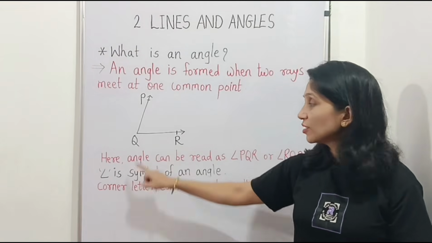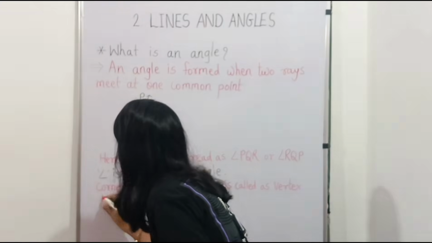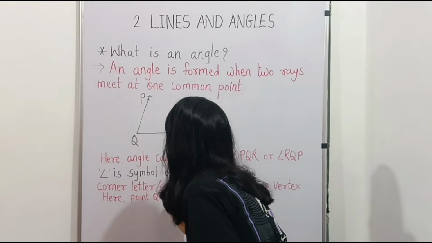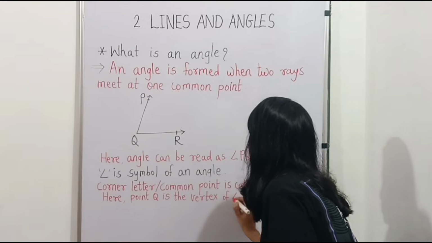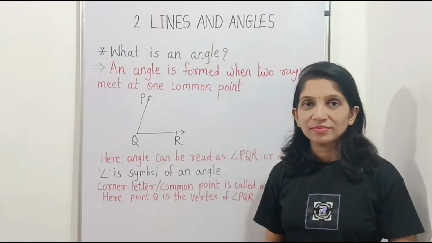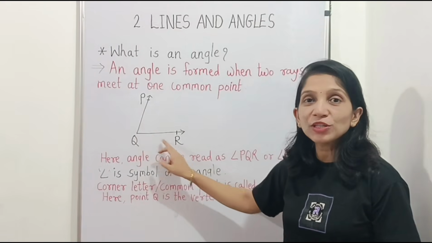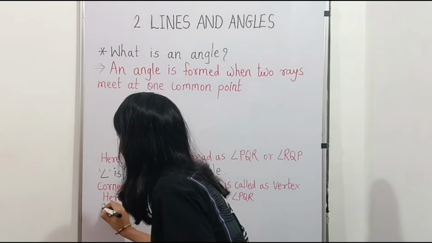So here Q is the vertex of angle PQR. And ray QP and ray QR are the two arms of an angle.